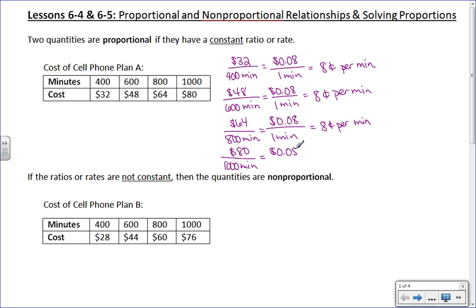Again, 0.08 for 1 minute, or 8 cents per minute. Okay, so now we see that these are all 8 cents per minute. So because the rate is constant, we can say that this relationship is proportional.